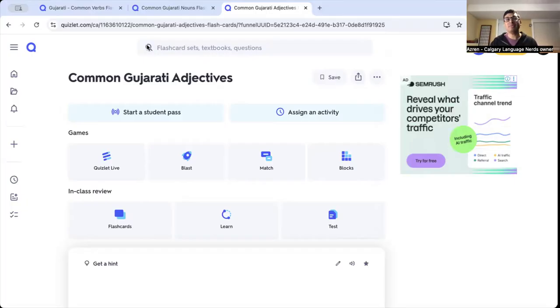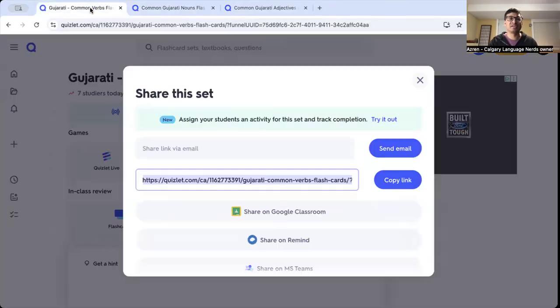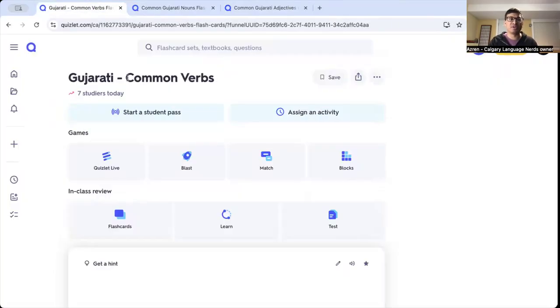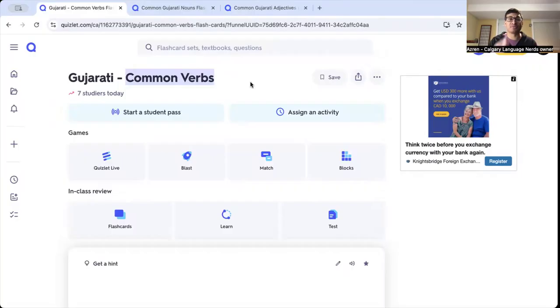However, as an initial shortcut, just to give you some words to practice your different grammar conjugations, practice making different sentences, I've made you three different flashcard decks: one with common adjectives, one with common nouns, and another one with common verbs.